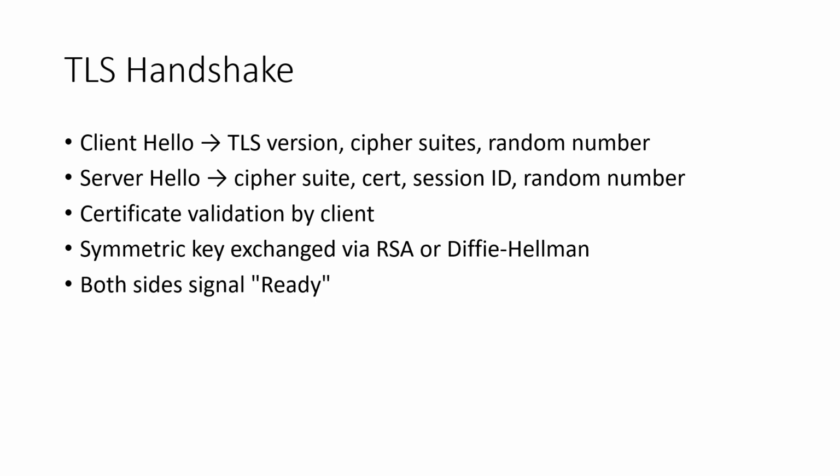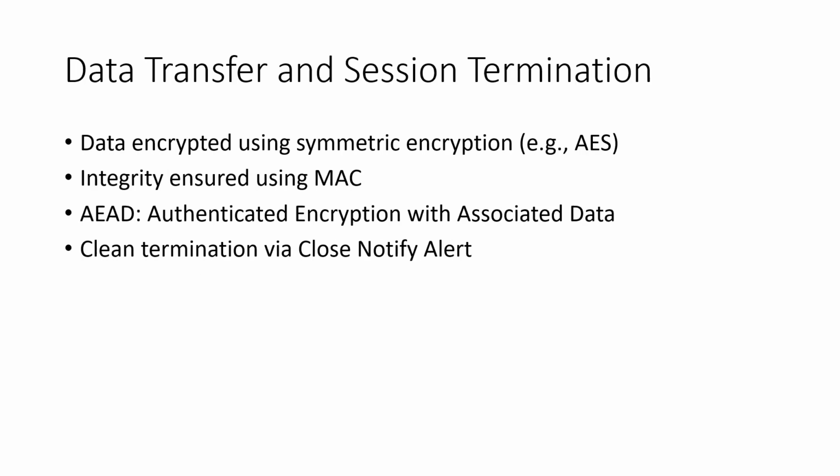In TLS 1.3, static RSA is deprecated and ephemeral Diffie-Hellman is preferred for stronger security. Once keys are derived, both the client and server send a finished message using the newly agreed encryption. At this point, the secure channel is established.